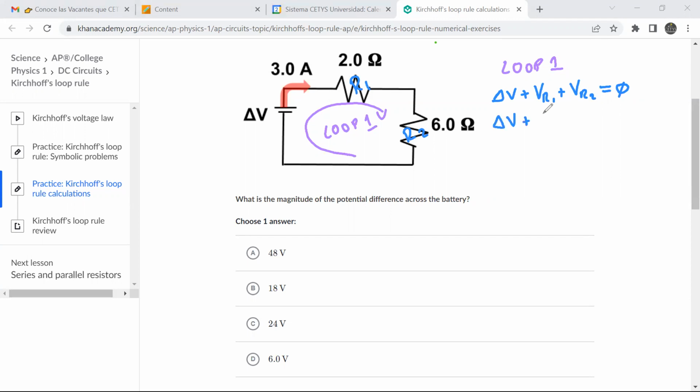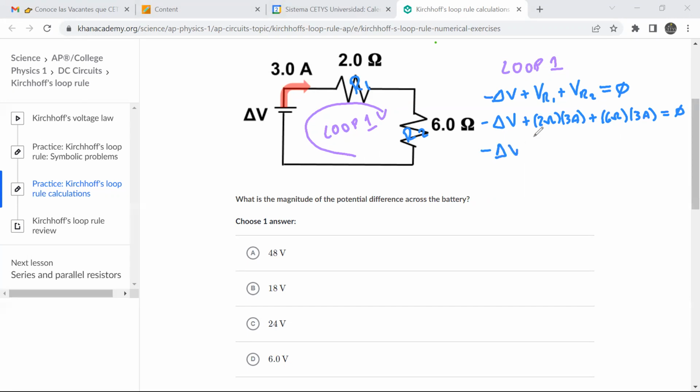I know that the voltage in R1 is going to be the resistor times the current, so it's going to be 2 ohms times 3 amps, plus the voltage in R2 is going to be the resistor, which is 6 ohms times the current, which is the same 3 amps. That's going to be equal to 0. Oh, by the way, it's minus delta V because we're going through the negative.